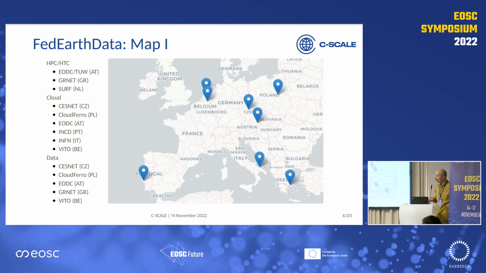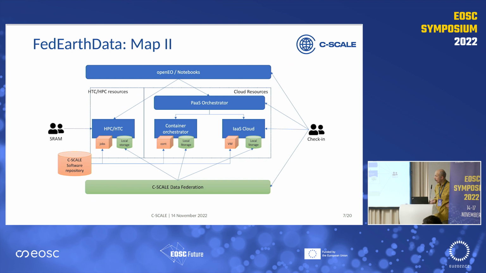This map also has already been shown, so I'll just skip it. This is a better map, like a diagram of our federation that shows the different segments of it. The entry points, the higher level ones, which are either the interactive notebooks or the OpenEO platform.